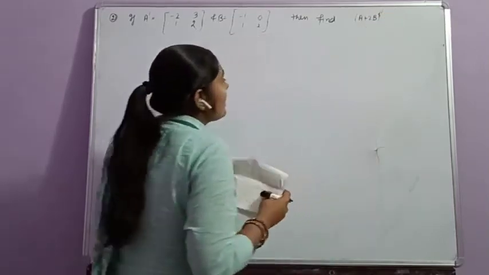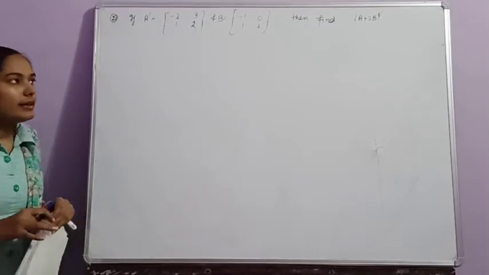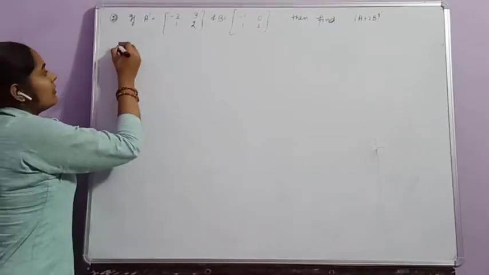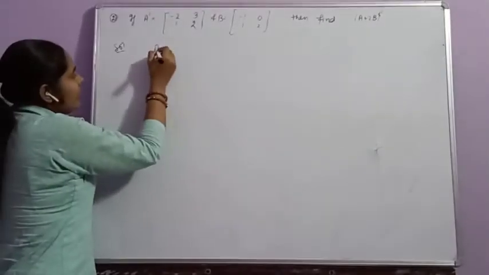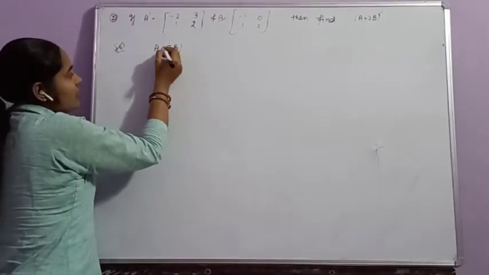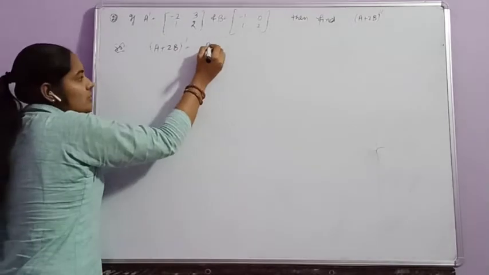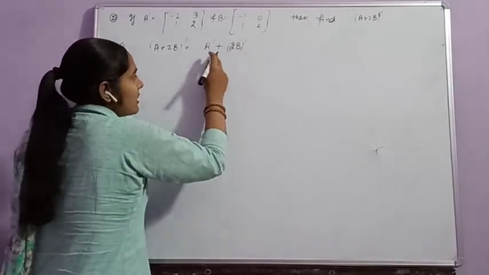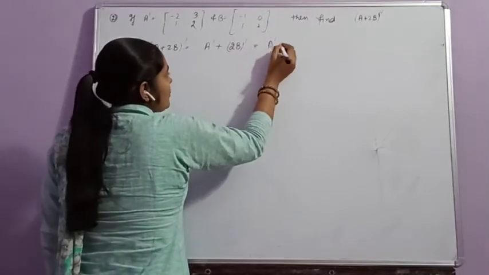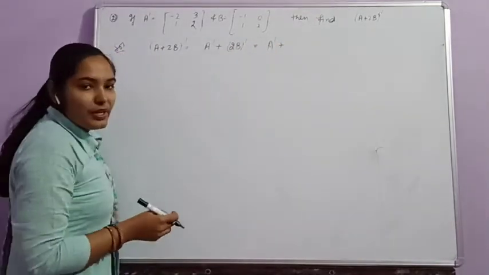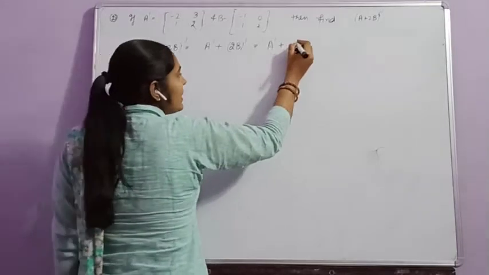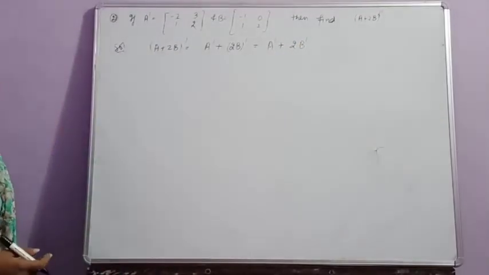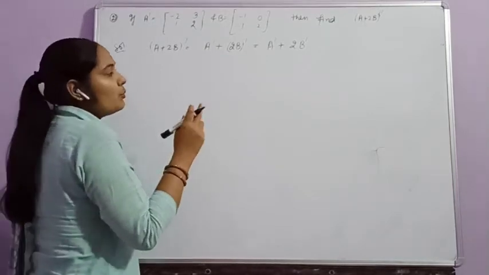Here, we know that by properties of transpose of a matrix, if A plus B transpose is given to us, then it is equal to A transpose plus B transpose, that is equal to 2B transpose. And we know that A transpose plus K into B whole transpose can be written as K A transpose or B transpose. Clear? KB transpose can be written as K into B transpose.